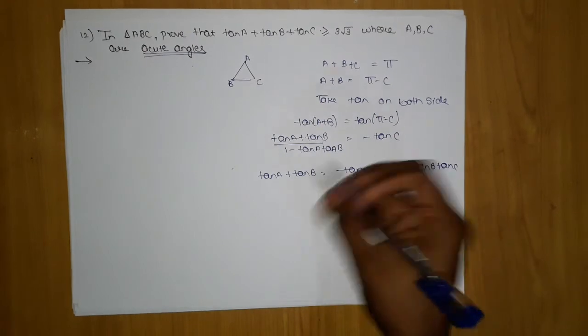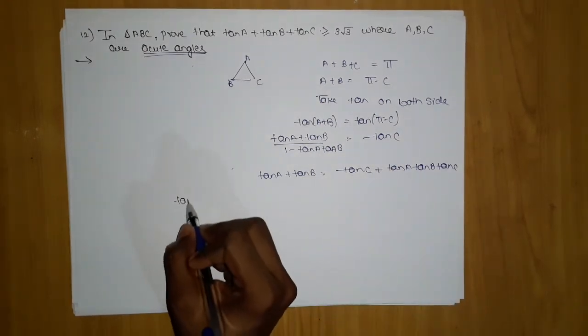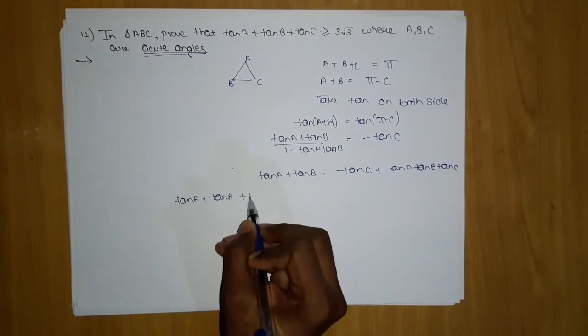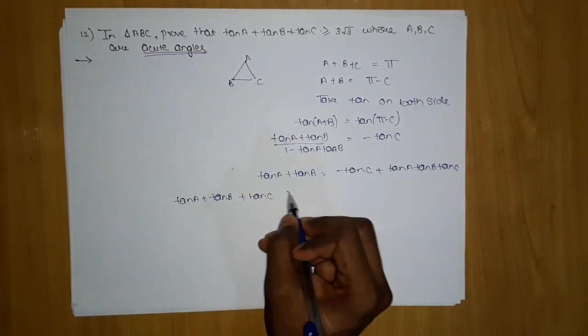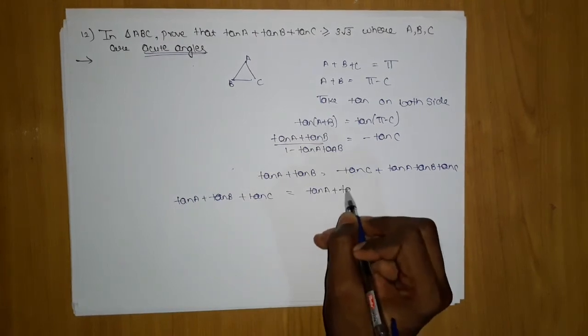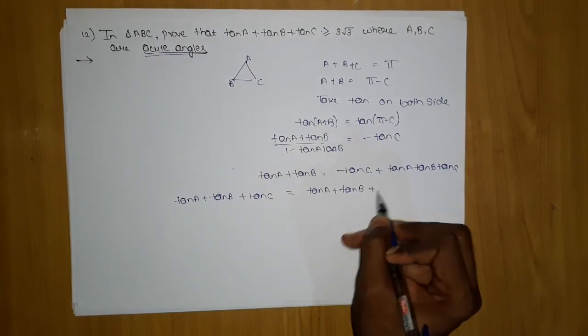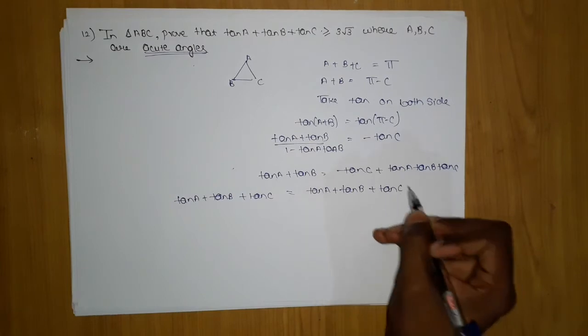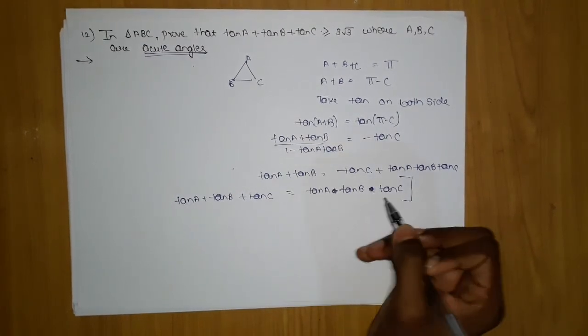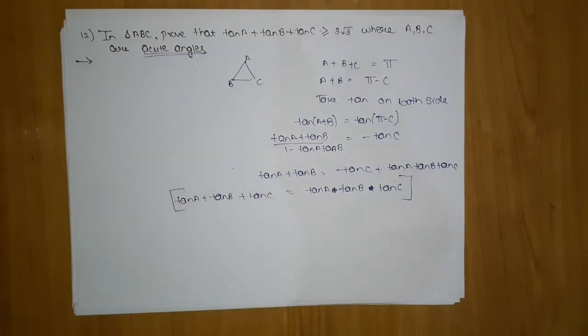If I move this to that side, I am left with the result tan A plus tan B plus tan C is equal to tan A into tan B into tan C. Sorry, it is in multiplication. Remember this result is true for acute angles. So always remember this.